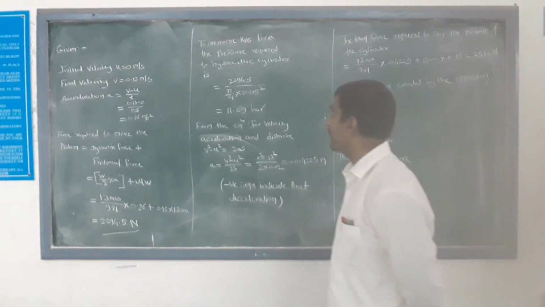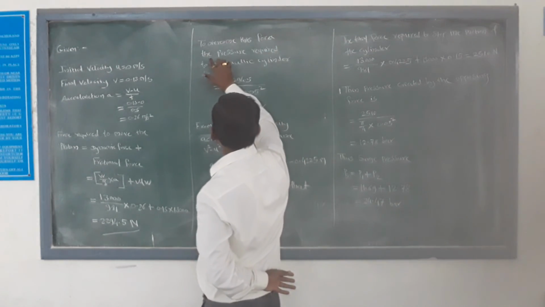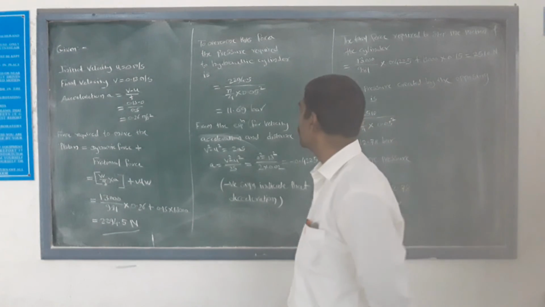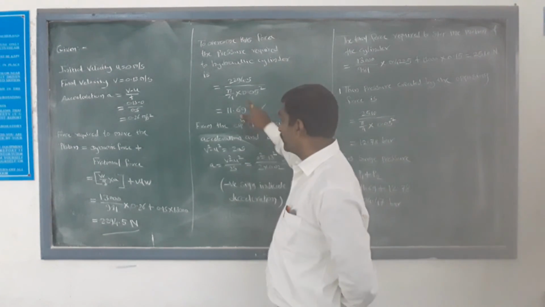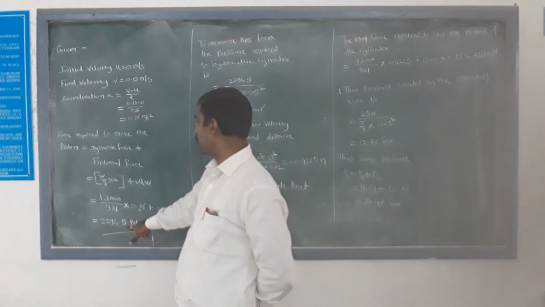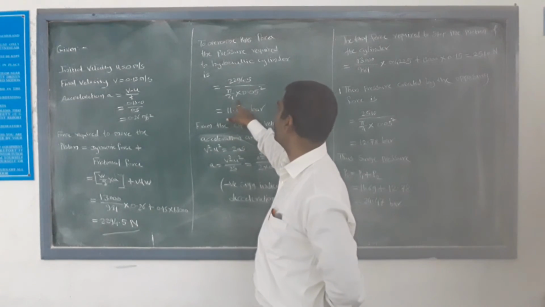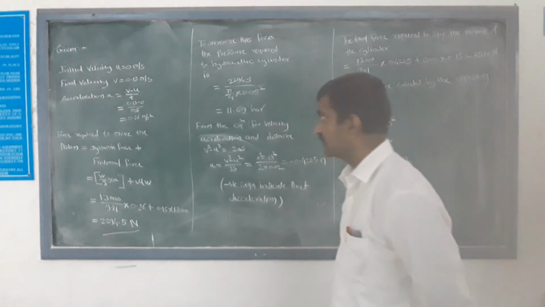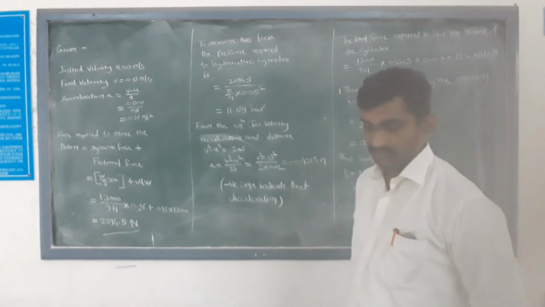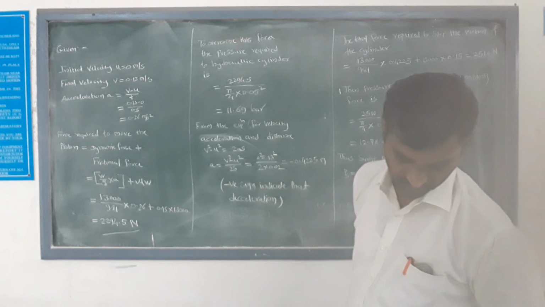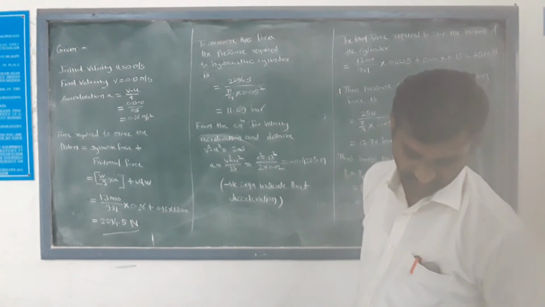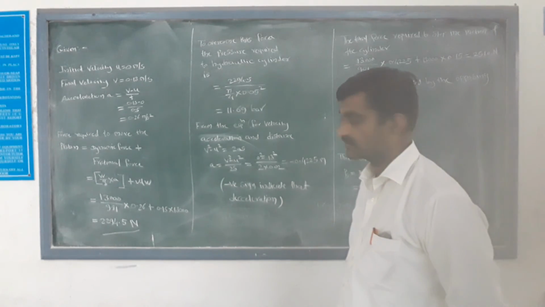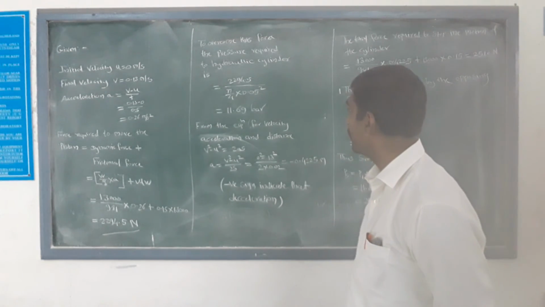After that, to overcome this force, the pressure required in the hydraulic cylinder is 2294.5 upon pi by 4 into 0.05 squared.